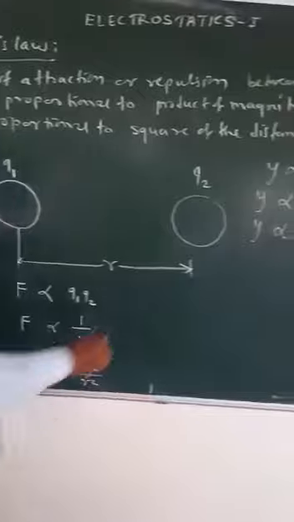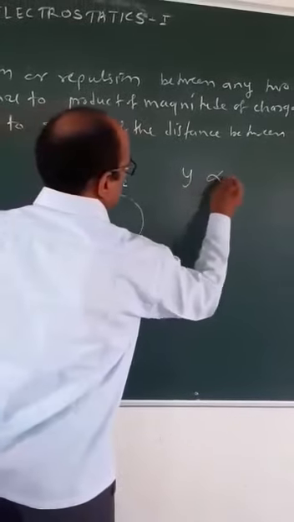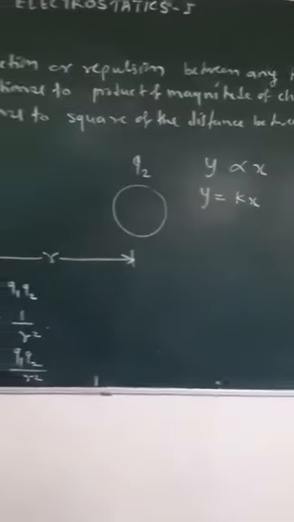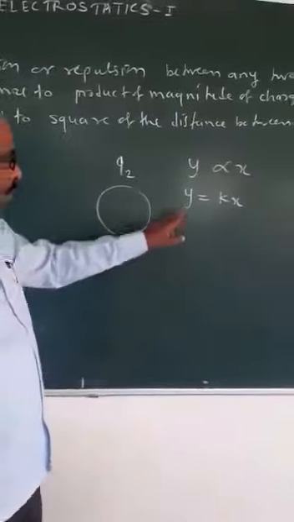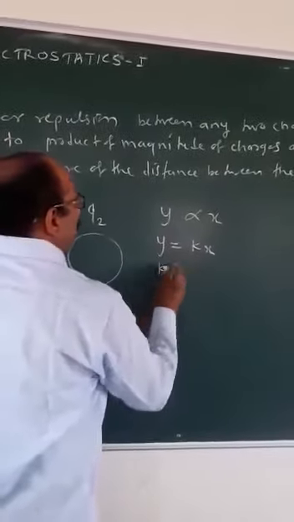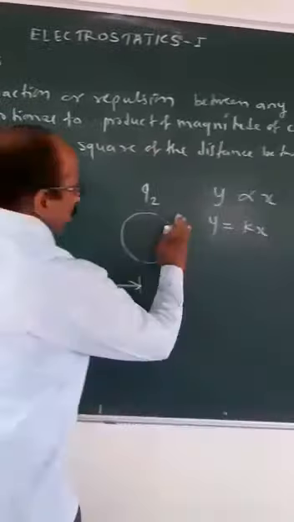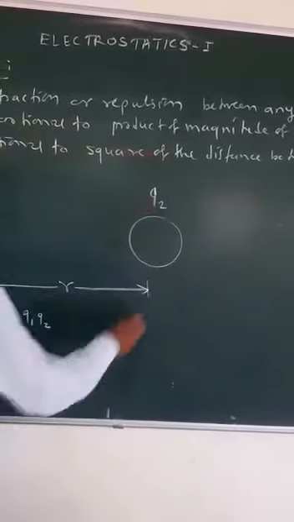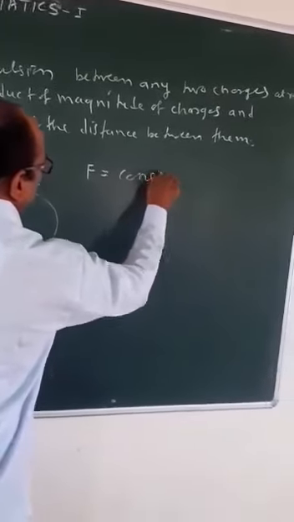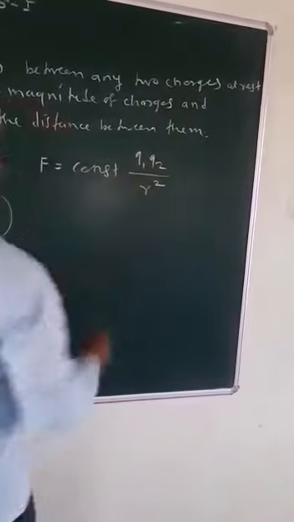Again we know that if y is directly proportional to x, then we can write y is equal to kx, where k is the constant of proportionality and it is given by the ratio of y to x. Therefore, we can write k is equal to y divided by x or y is equal to kx. Similarly, we can write this relation in the form of an equation, F is equal to some constant times Q1 Q2 divided by r square.